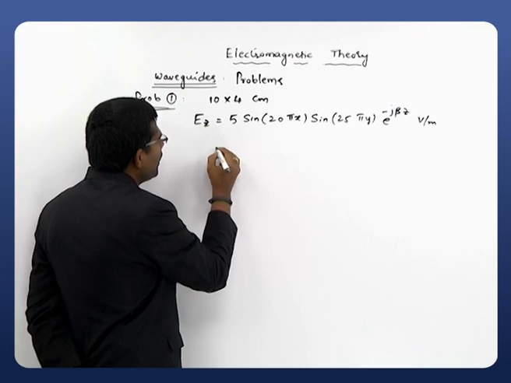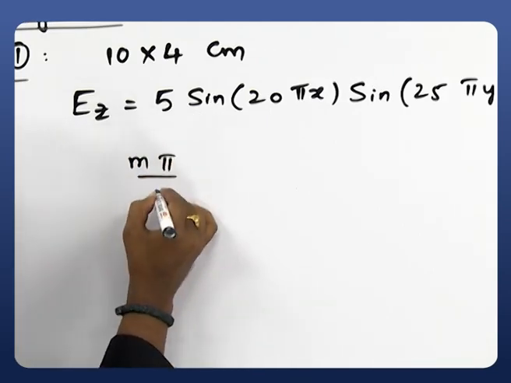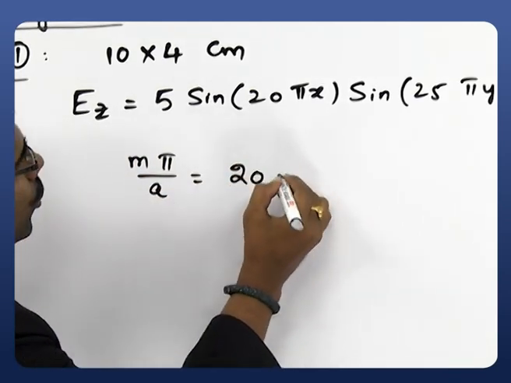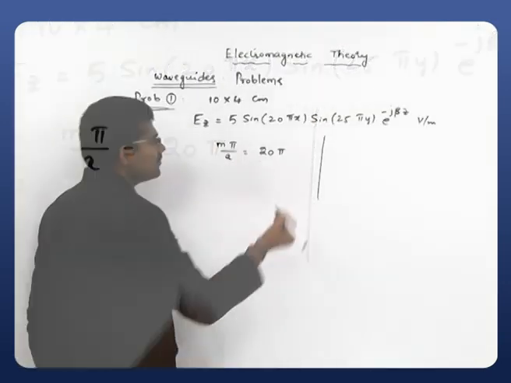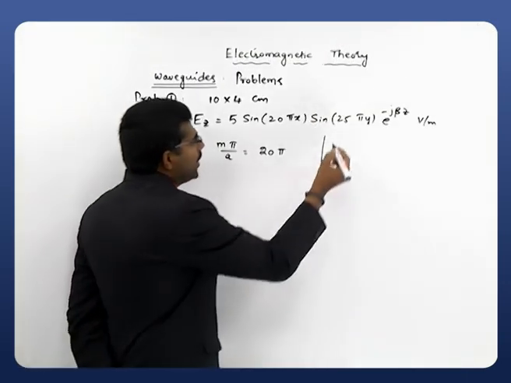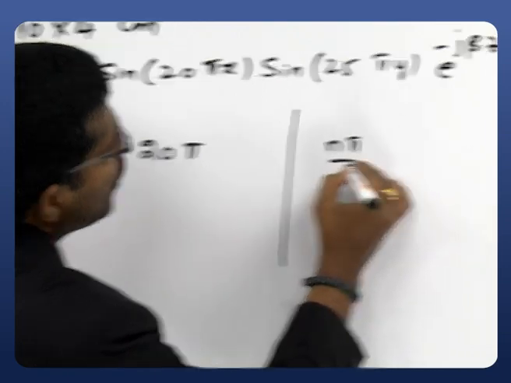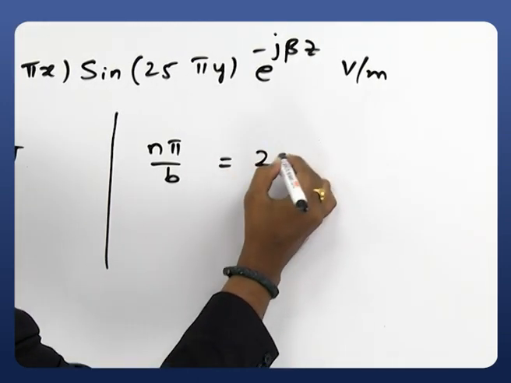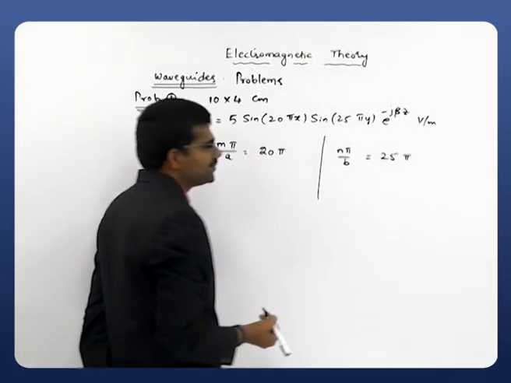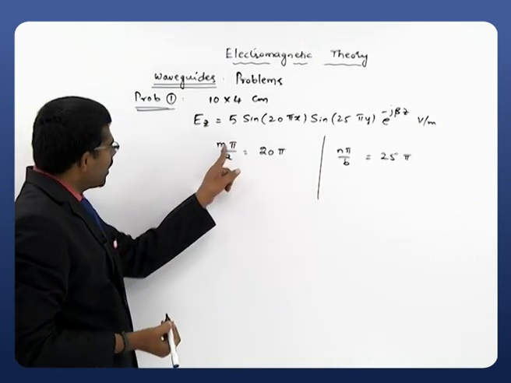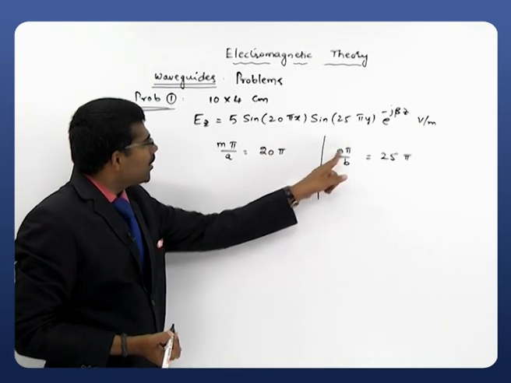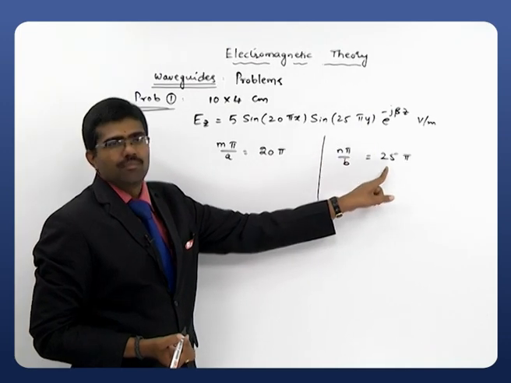Instead of mπ/a, what do we have here? mπ/a = 20π. Just keep it aside. And here it is nπ/b. Instead of nπ/b, here we have 25π. Just take these two: mπ/a = 20π, nπ/b = 25π.